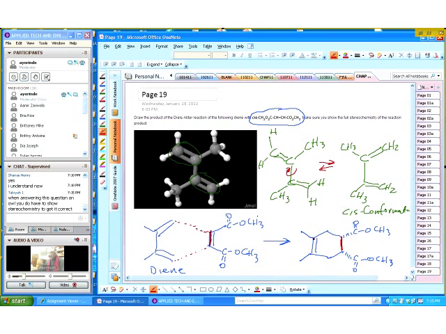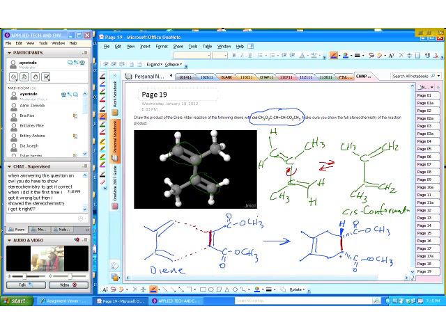Keep in mind, whenever you are dealing with an sp2 carbon, the sp2 carbon is flat, and any atom that is attached to it is also on the same plane. For here, you show the stereochemistry, which means that this hydrogen that is here will be coming at you.